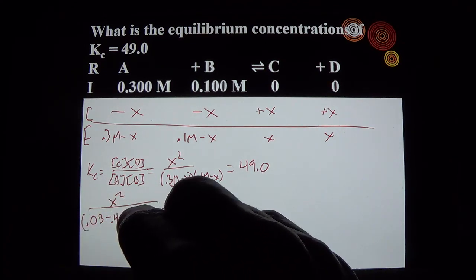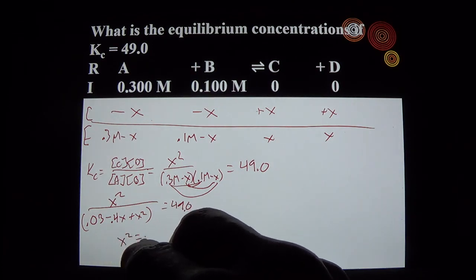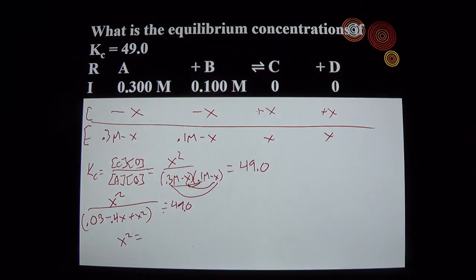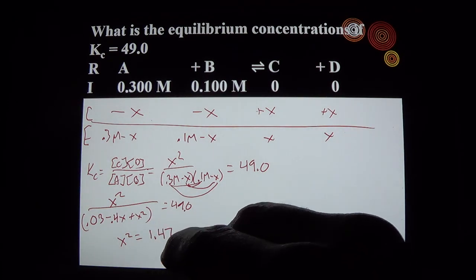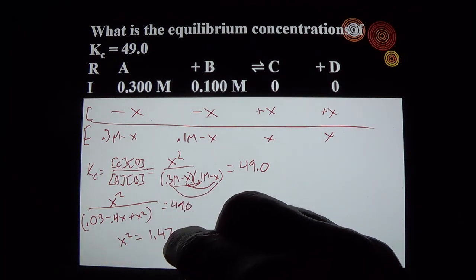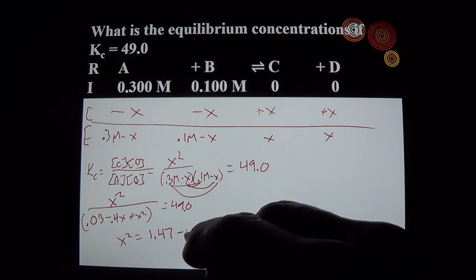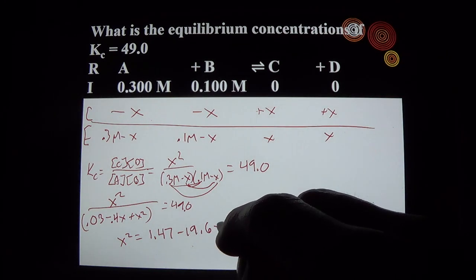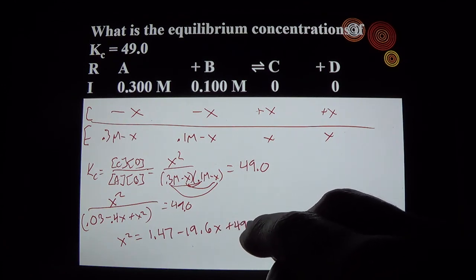Now I'm going to take this whole quotient and multiply both sides by it. So x squared equals 49 times 0.03, which is 1.47, and negative 49 times 0.4 is 19.6x, and a positive 49x squared.